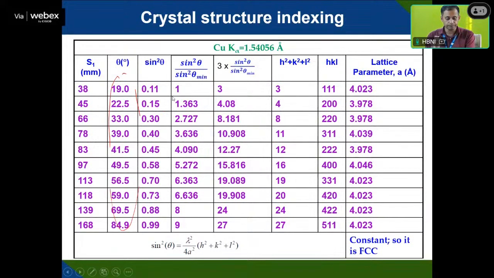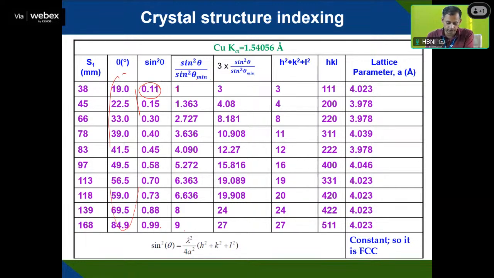Once you have this sin square theta, you divide sin square theta by sin square theta minimum. You can see sin square theta from 0.11 to 0.99, so you divide by the lowest value, 0.11, and you get sin square theta by sin square theta minimum equal to 1, and accordingly it will increase. Then you make it a whole number integer.